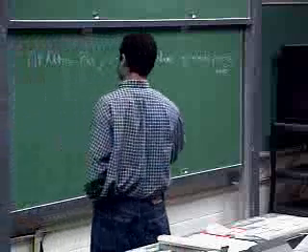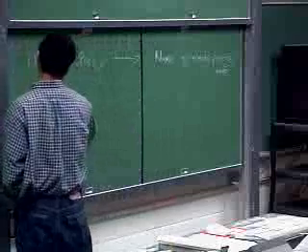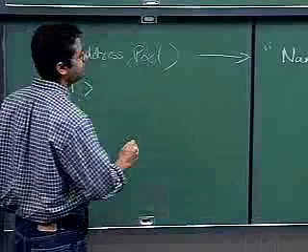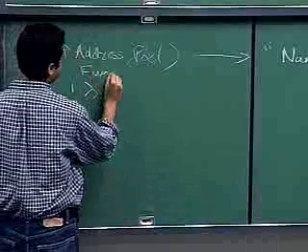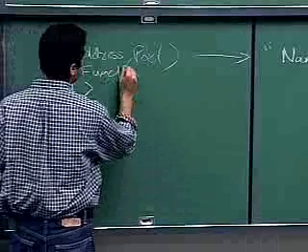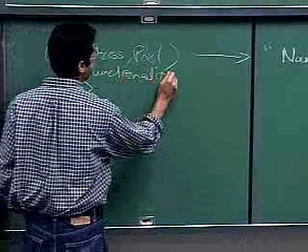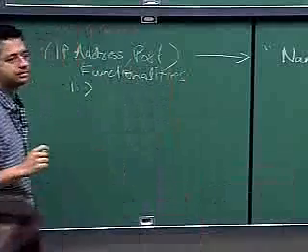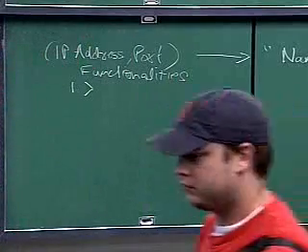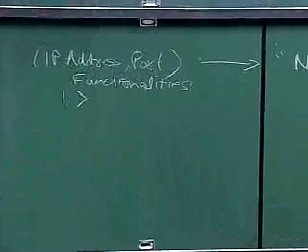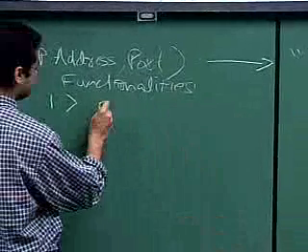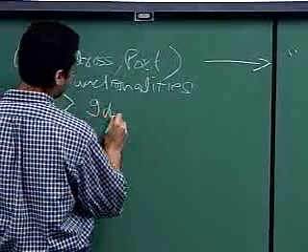It has to provide two functionalities. What are the functionalities? First one is sort of obvious, that is identity.